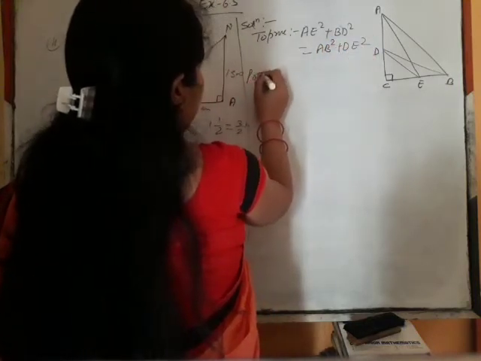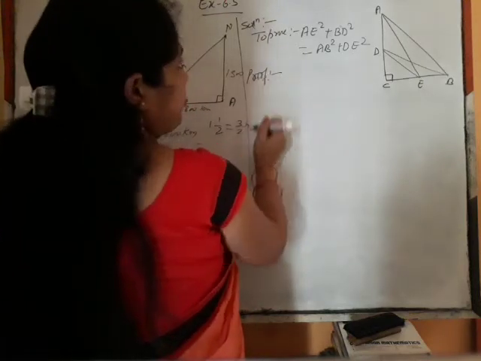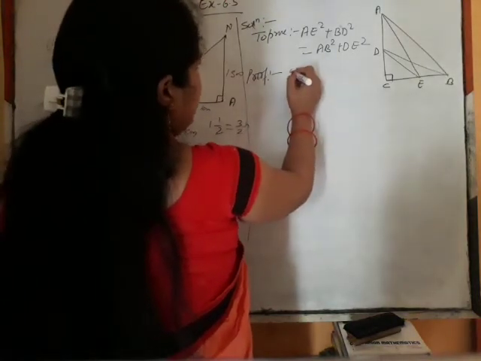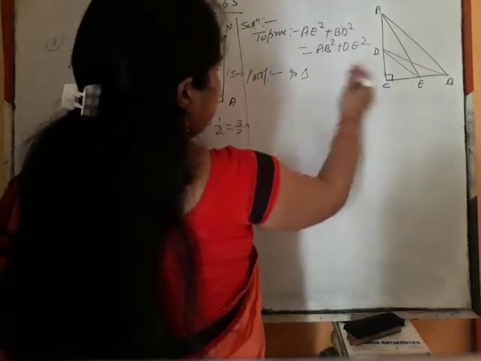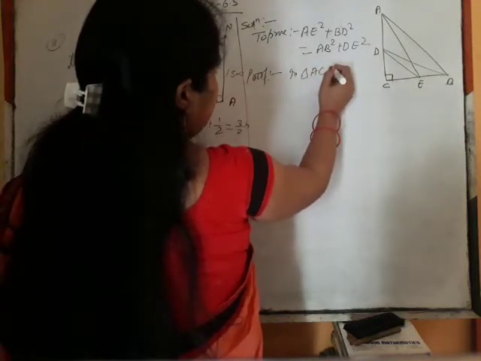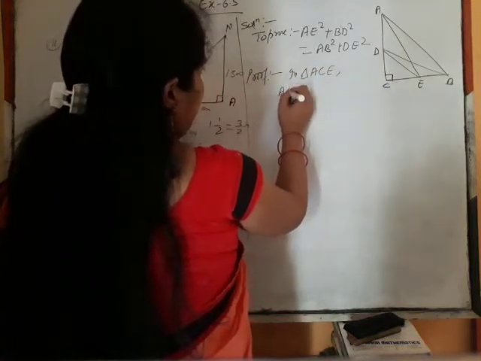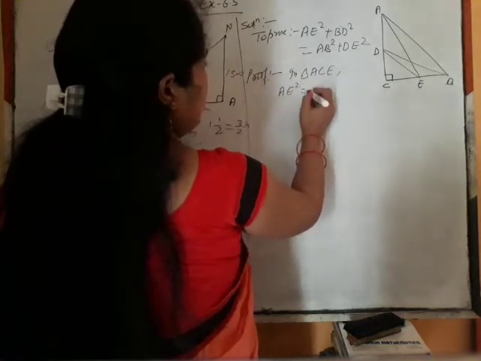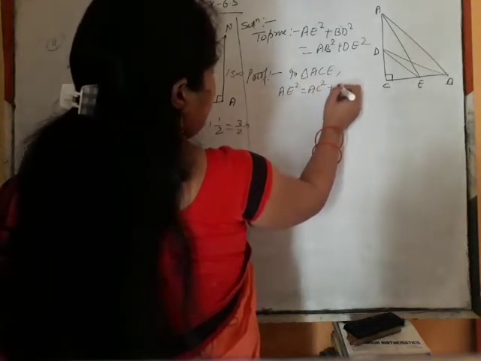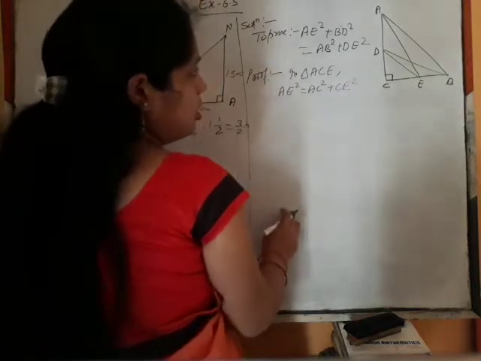Then only we can take it from there. So here will be the proof. Since AE square, in triangle ACE, AE square is equal to AC square plus CE square.